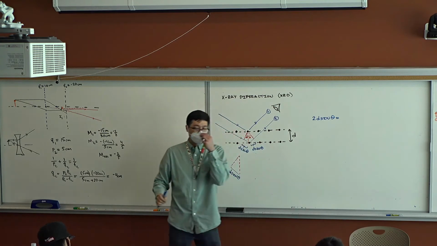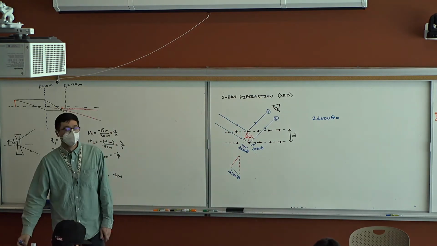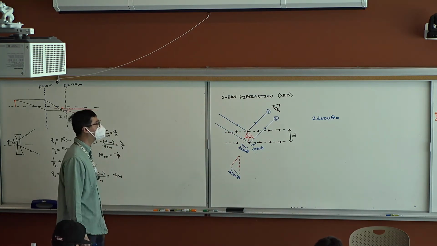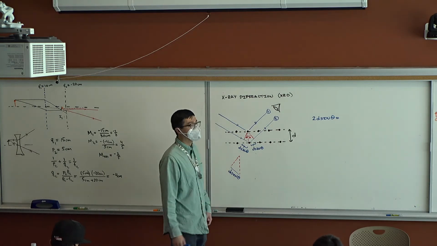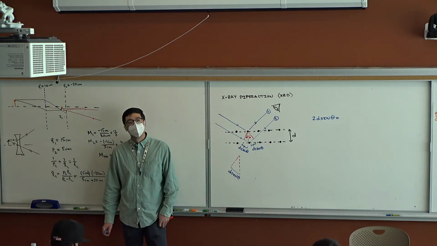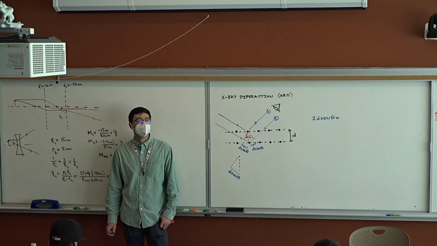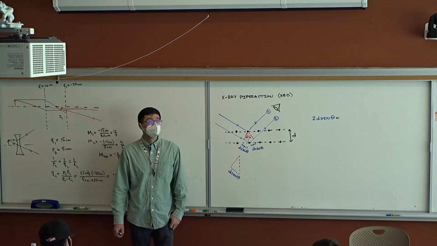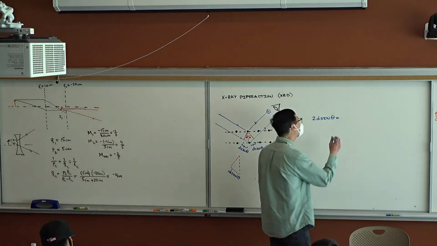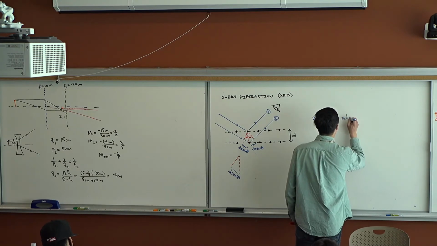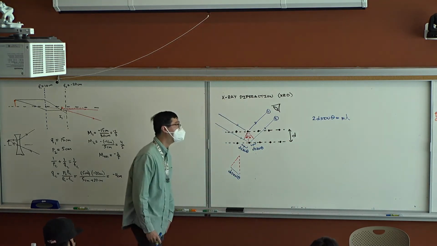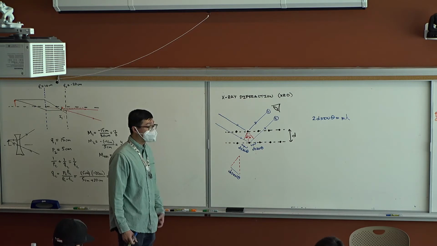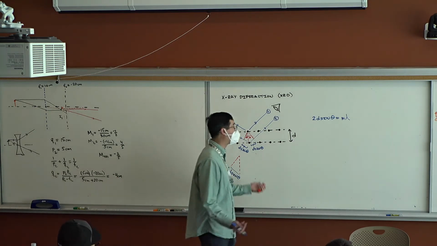And if I want constructive interference, what does that need to equal? Constructive: m lambda. So this is the so-called Bragg's law.